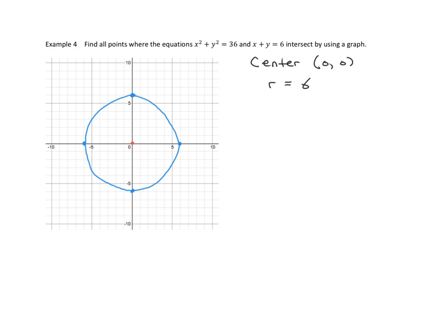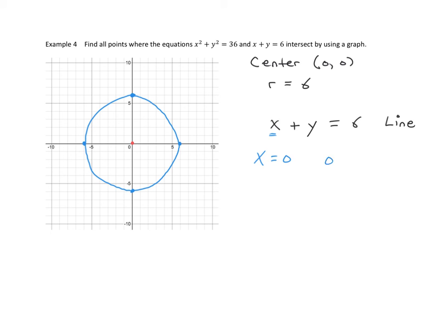Okay, well, what about the graph of x + y = 6? This is a line. What I'm going to do to graph this line is find both an x and a y-intercept. So that is, you put 0 in place of x and then solve for y.